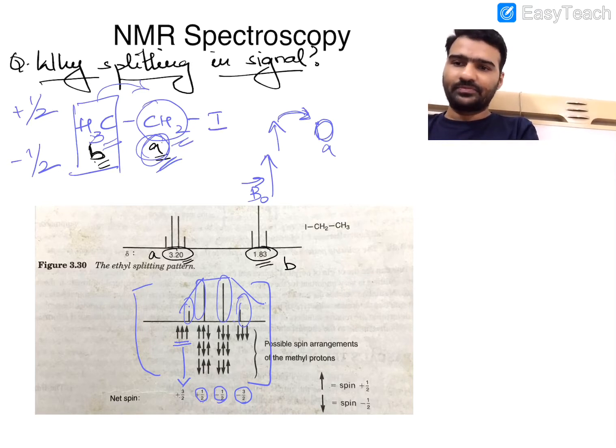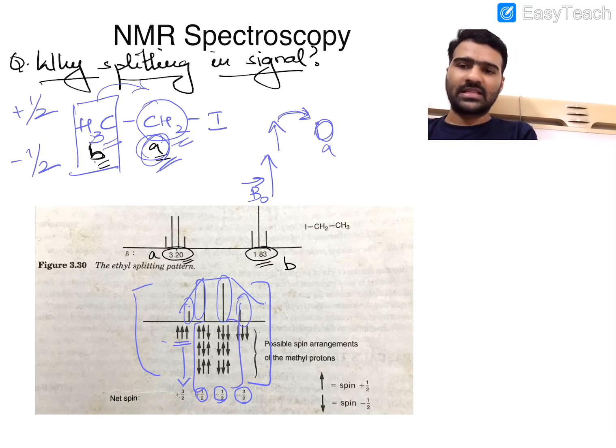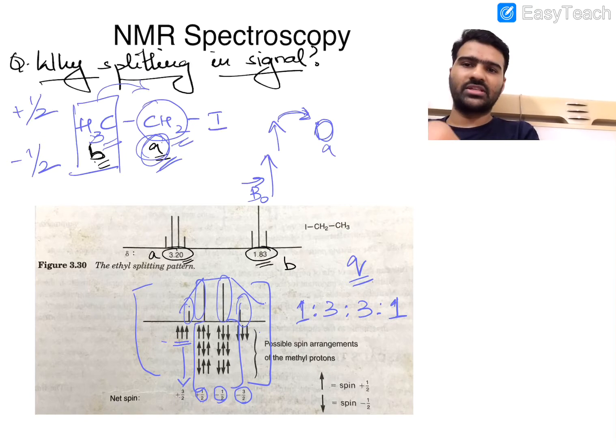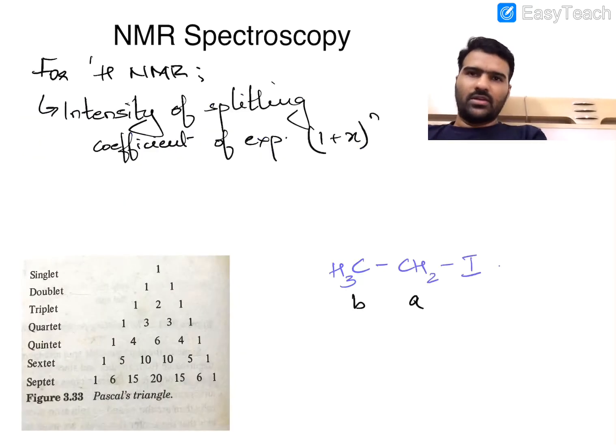So you have the middle 2 spin states which are thrice as abundant as compared to the terminal spin states, and therefore the ratio in which the peaks get split up can be given by 1:3:3:1. So when a quartet of peaks is formed, you get the splitting pattern to be consistent with this particular intensity ratio, which is 1:3:3:1.